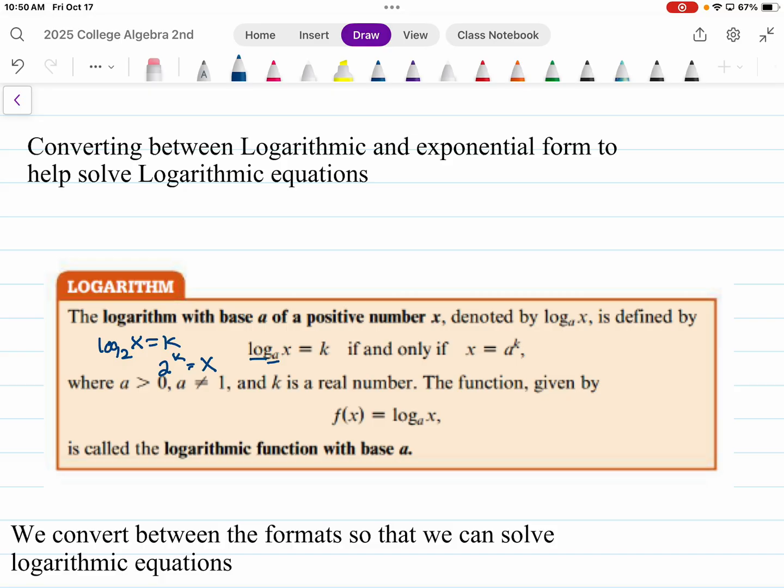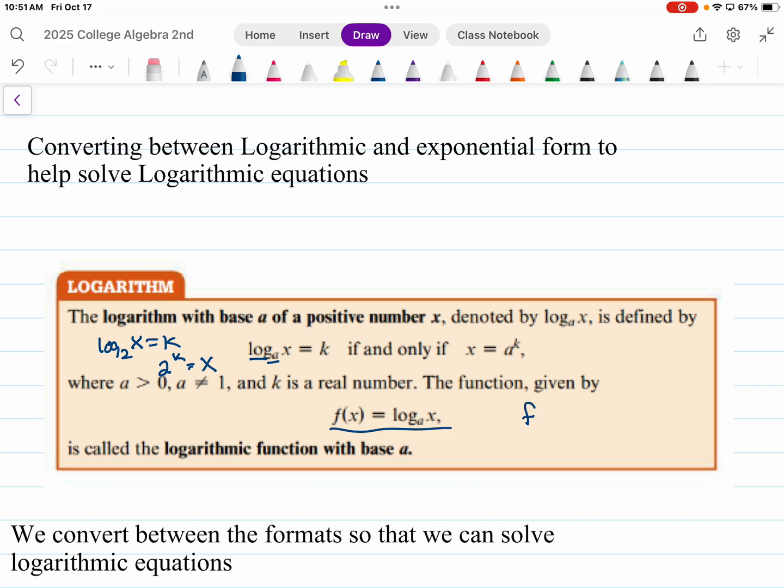Now, a has to be a positive number, so I can't have negative bases for the logarithm. A cannot be equal to 0. And then also k is a real number, so it can't be like the square root of -2. The function given by f of x is equal to log base a of x is called a logarithmic function with base a.